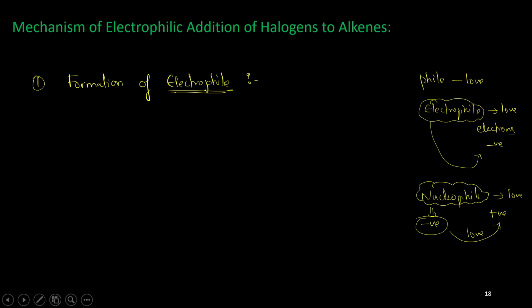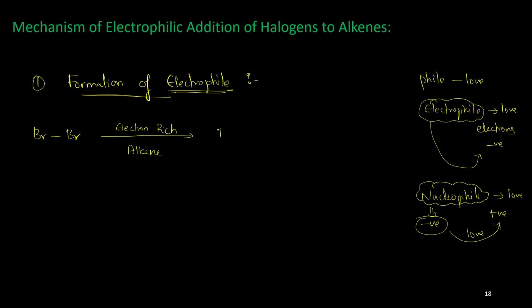So that happens with a halogen molecule. So let's take a halogen molecule, bromine, Br2. So when this bromine molecule comes near to an electron-rich alkene, it will turn polarized.